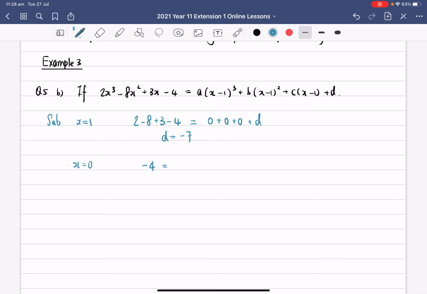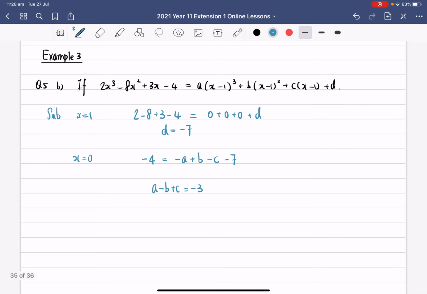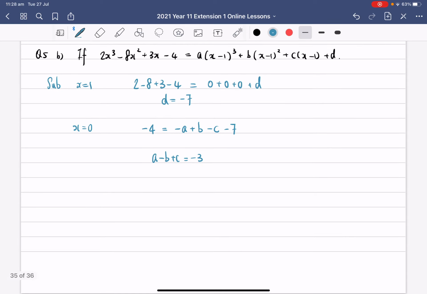And then on the right-hand side, I'm going to have minus a plus b minus c plus d. But we know what d equals, which is minus 7. So if we rearrange these, we've got a minus b plus c is equal to minus 3. So that's the second equation I have.